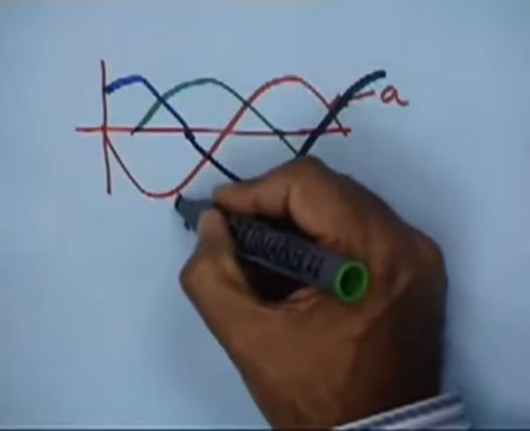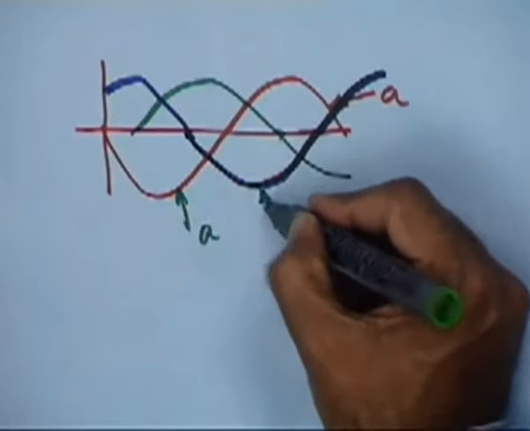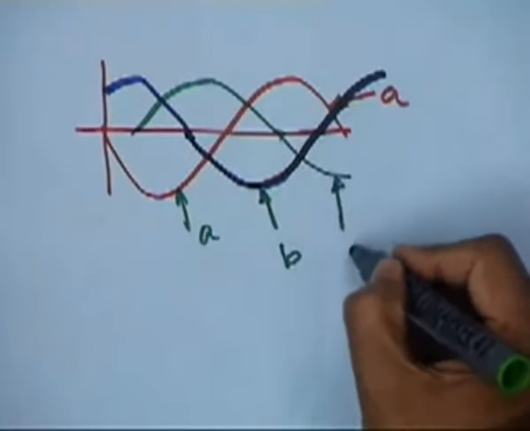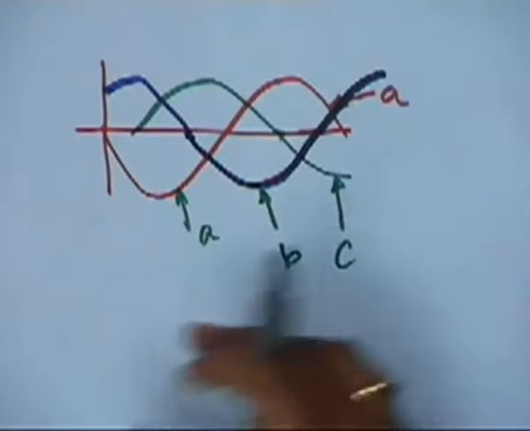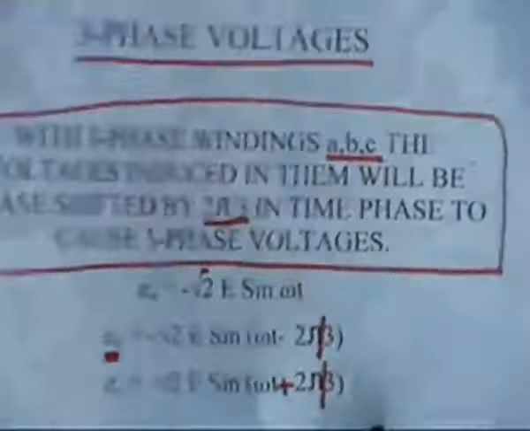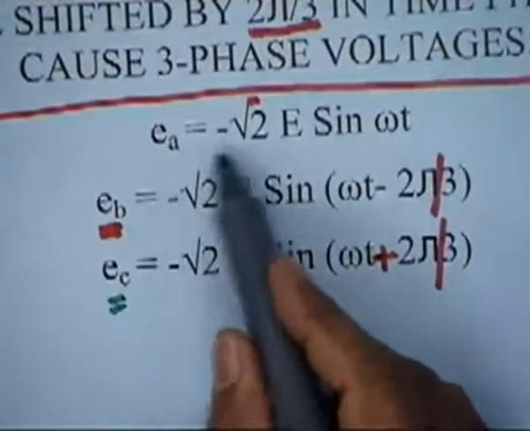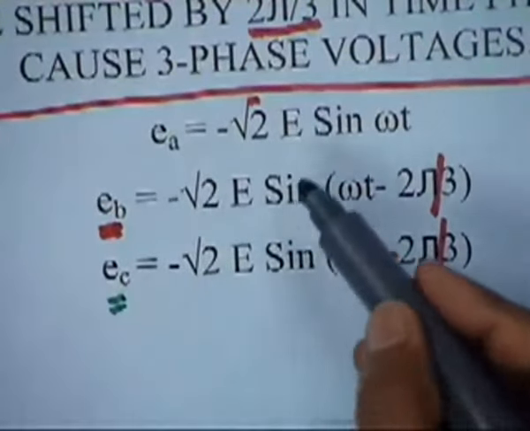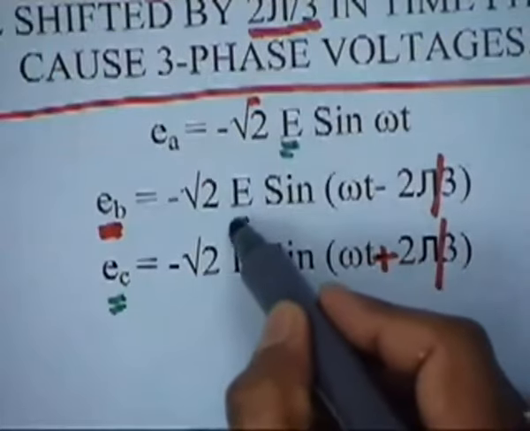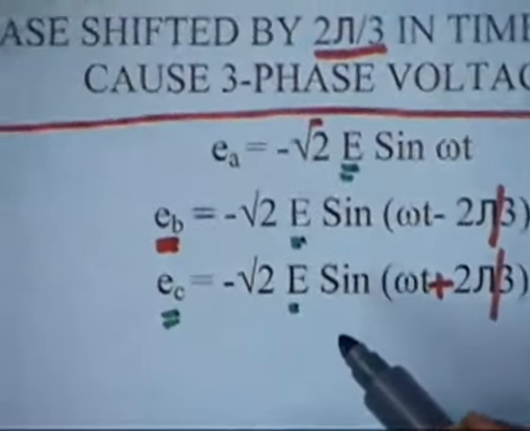They can all be represented by the expressions we have just seen: EA, EB, EC. The RMS values remain the same, because the maximum value is also the same.